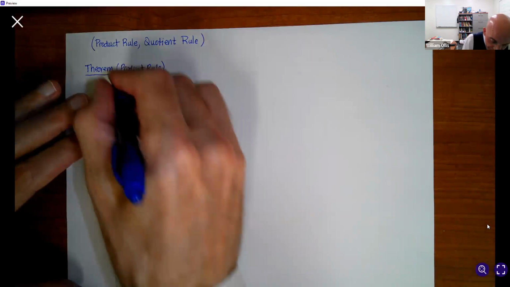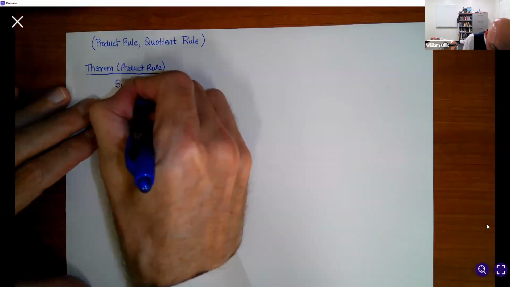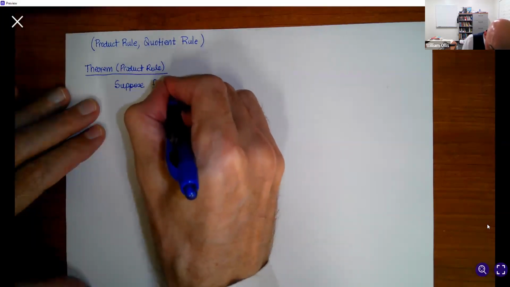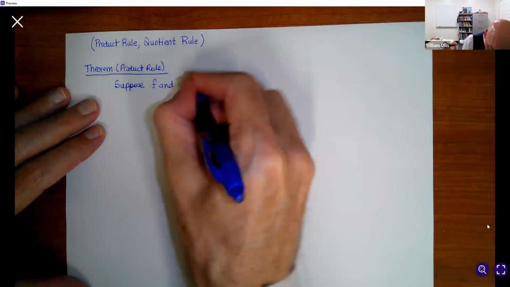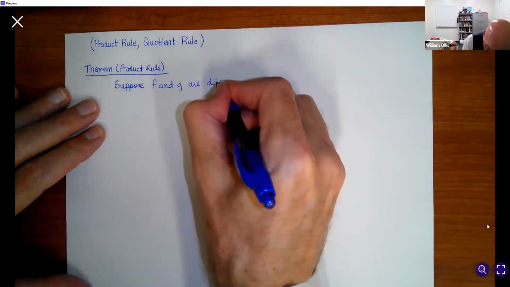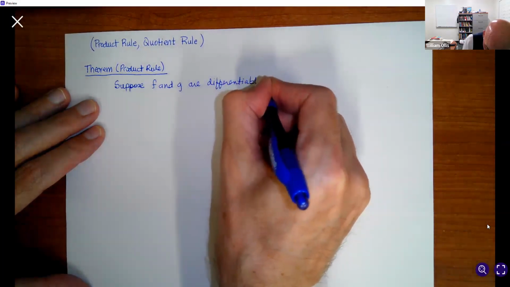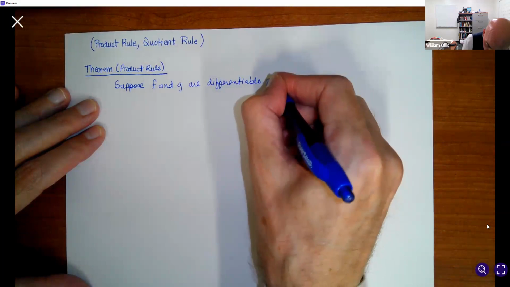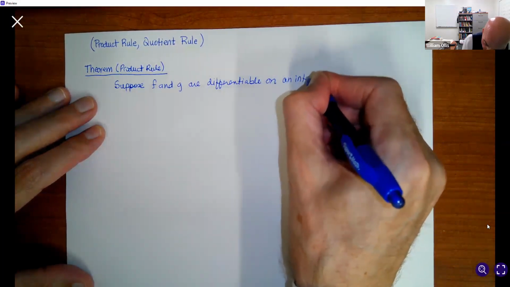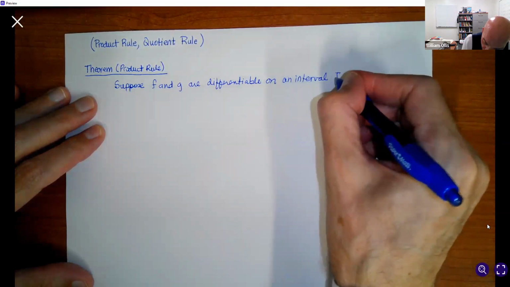So the idea is that we suppose, just like we do in all these, suppose f and g as functions are differentiable on an interval I. So we want to assume that they have differentiability on a common set of content.